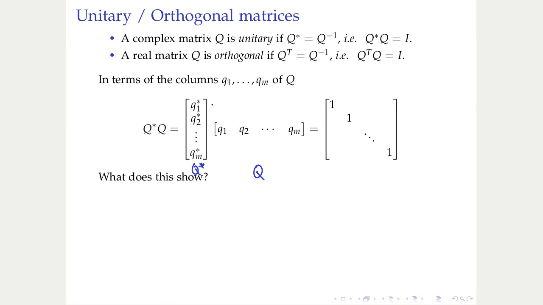When we take the adjoint or the transpose of a matrix, we can just write the columns as transposes themselves, and we get an expression that looks like that. And we know that if our matrix is unitary, then on the right we've got our identity. So just think for a second, what does this expression tell us about the set of vectors q1 through to qm?